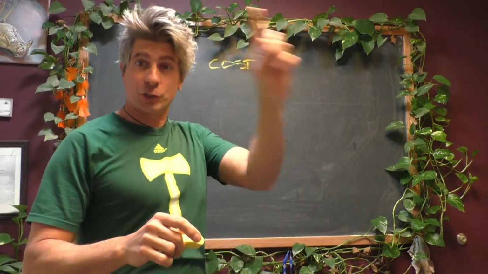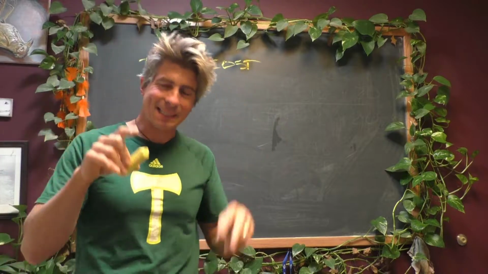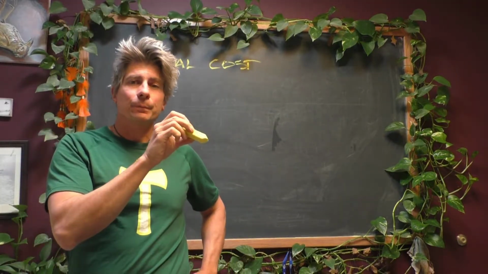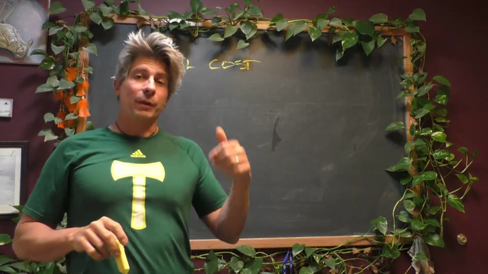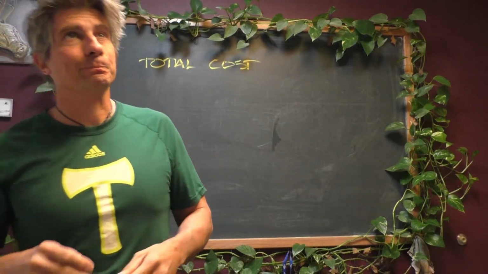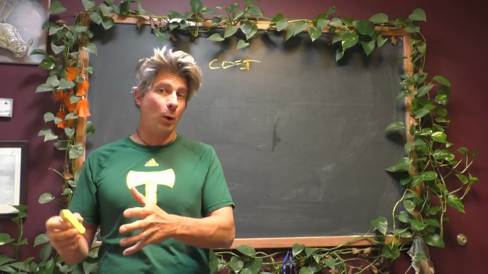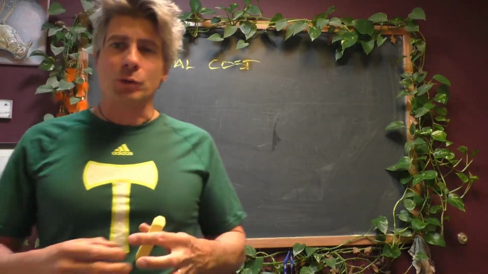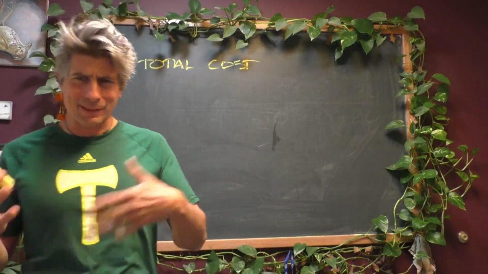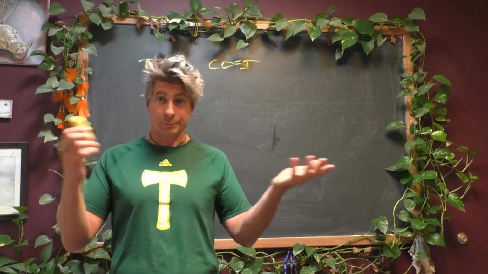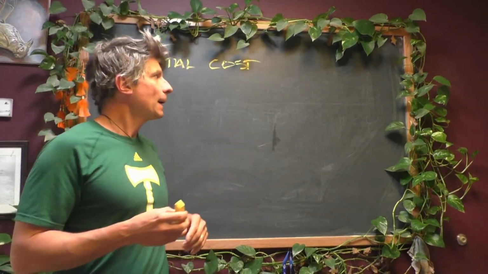So the two prices I gave you in the last video were the purchase price of the bulb and then the cost it took to run the bulb per hour. We can call them that, that's totally fine. The first one's fine, purchase cost or whatever.